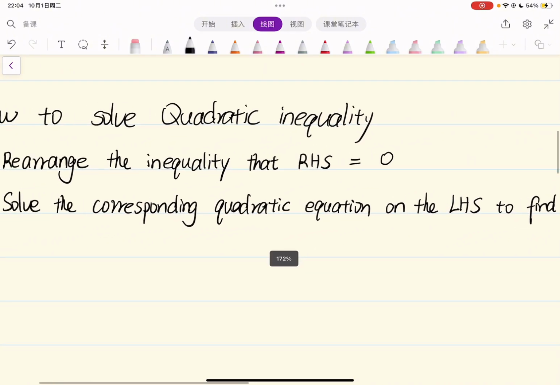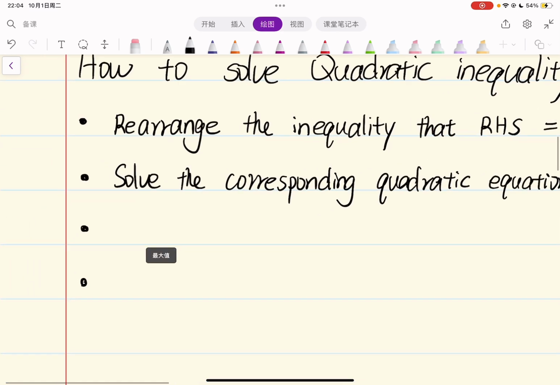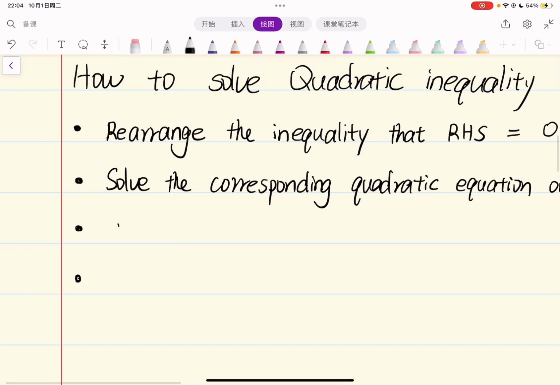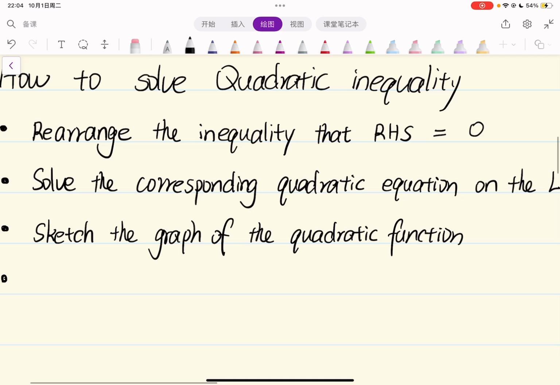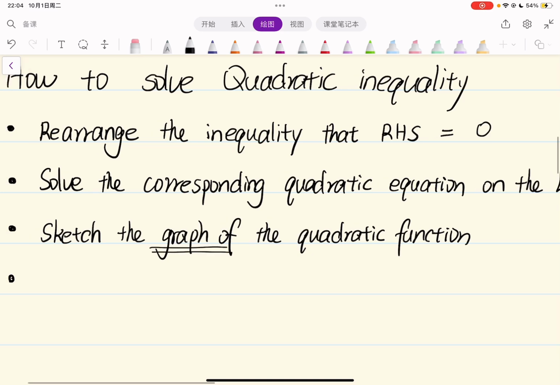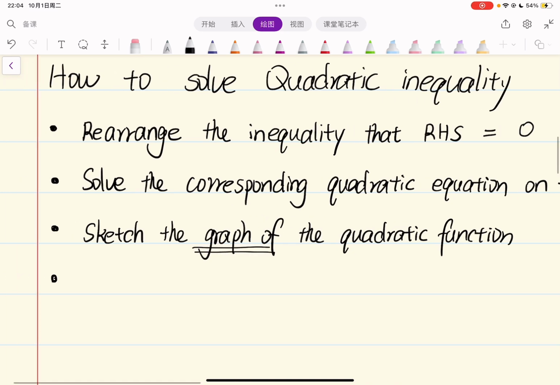Then we need to sketch the graph of the quadratic function. Unlike the linear inequality, we use the graph rather than the number line.